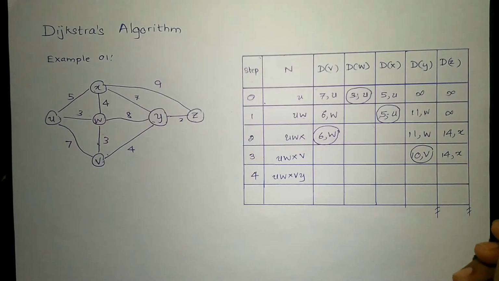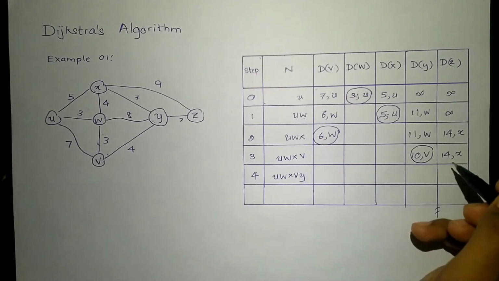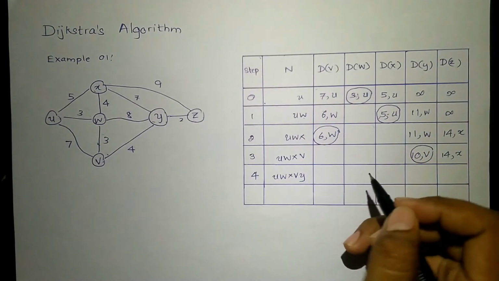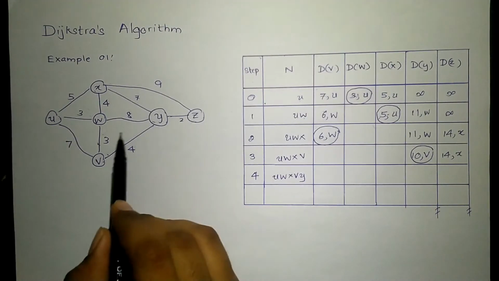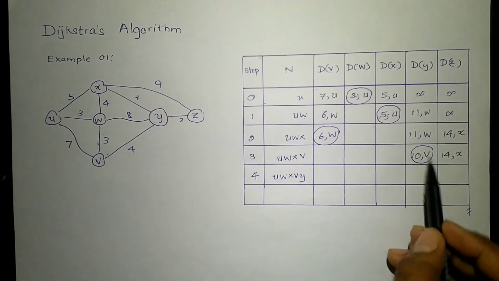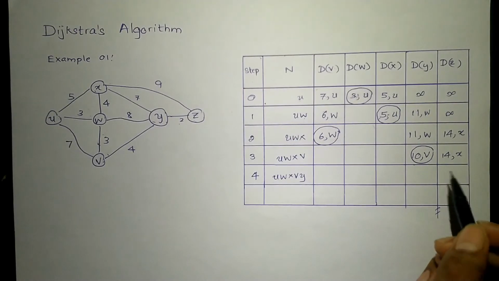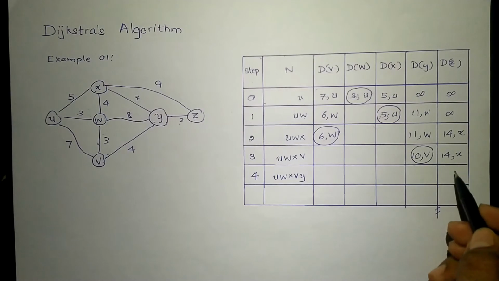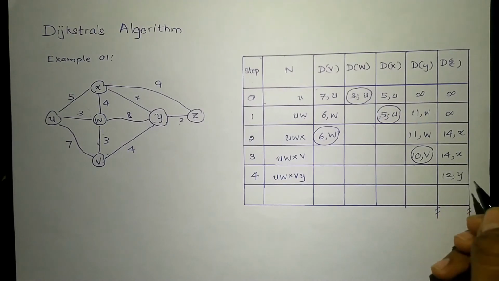So these columns are neglected, and we only consider the z column. The distance from y to z is 2. The shortest path to y is 10v. 10 plus 2 is equal to 12. It's 12y, and 12y is lower than this value, so we are going to write 12y in the table.